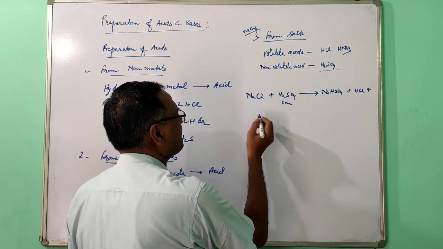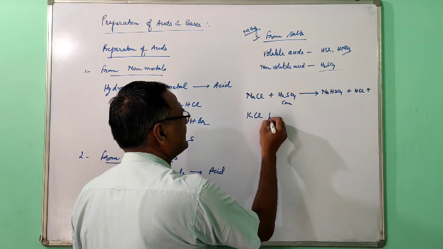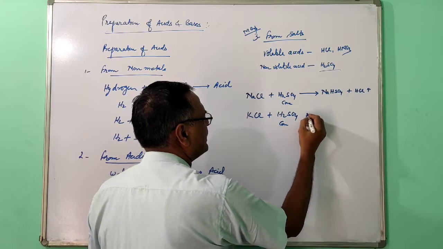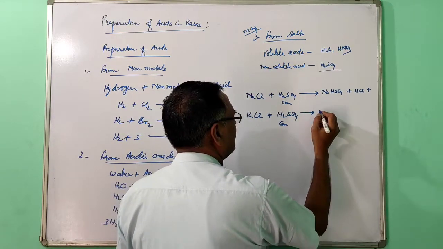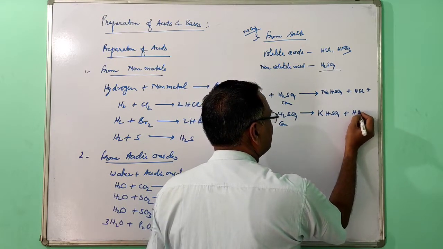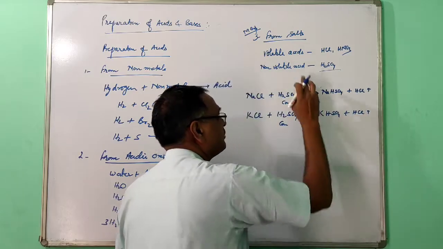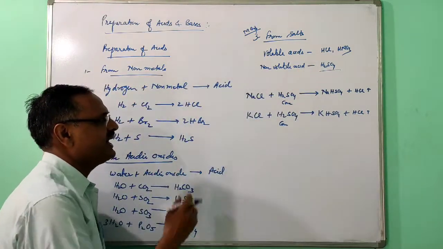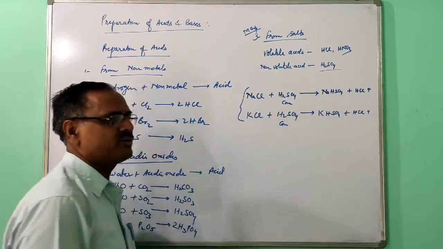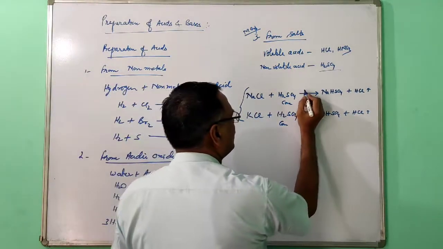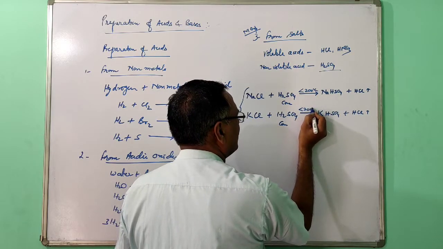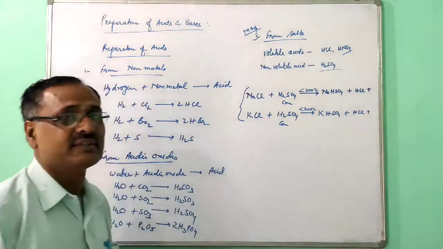Another example, KCl plus H2SO4 will form KHSO4 plus HCl. So one acid you have seen, HCl. Regarding these two equations, they may ask questions directly, and the temperature is below 200 degrees Celsius. Don't forget the temperature, very important.